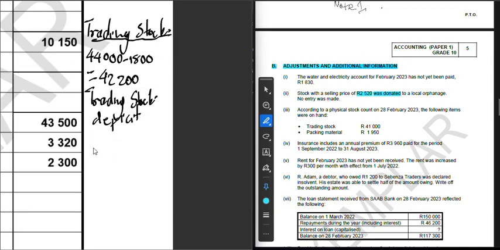Okay. We have got 42,200 minus 41,000. So how much is the trading stock deficit? How much stock is missing from our warehouse? If stock is missing, obviously it's because sometimes items get broken, sometimes items get stolen, sometimes items get damaged.